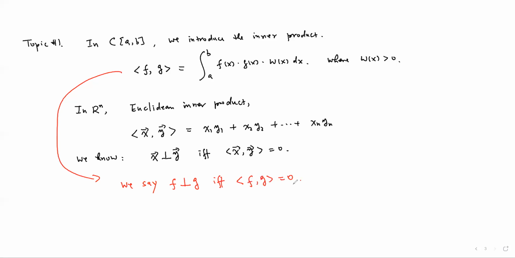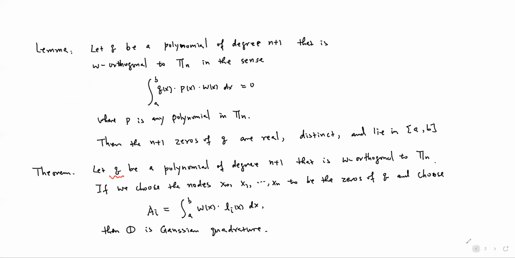So go back to the lemma. Actually, this is the inner product of Q and P. The inner product is 0, so we say that Q is orthogonal to P.